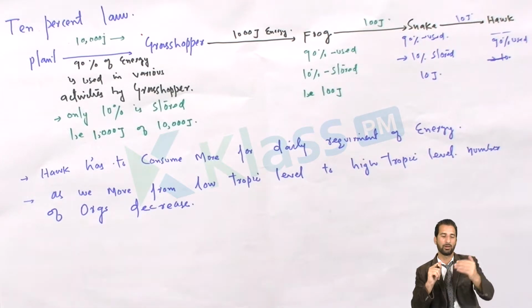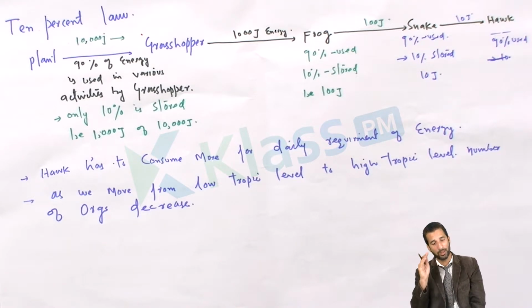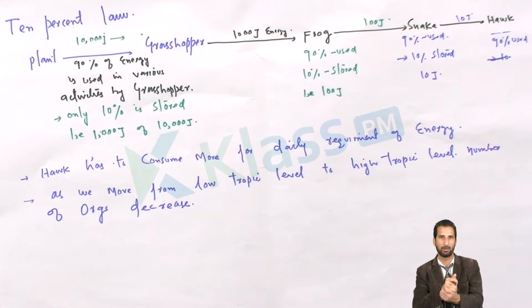But guess what? Not 10,000 joules are being utilized by the grasshopper, because 90% of that energy which was stored and available in the plant for this grasshopper is being utilized for various activities in the grasshopper's body. They have to show some metabolic activities in the body. They need energy for respiration and for other activities.